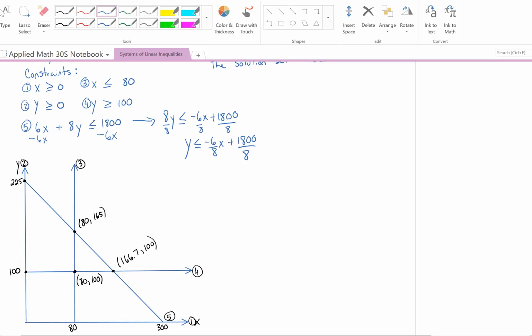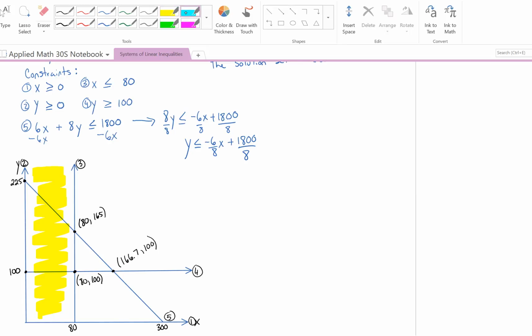The only thing I haven't done here was stipple my feasible region, so you can see where that would be. So if we're looking at constraints 1 and 2, they just tell us that we're graphing in this quadrant.